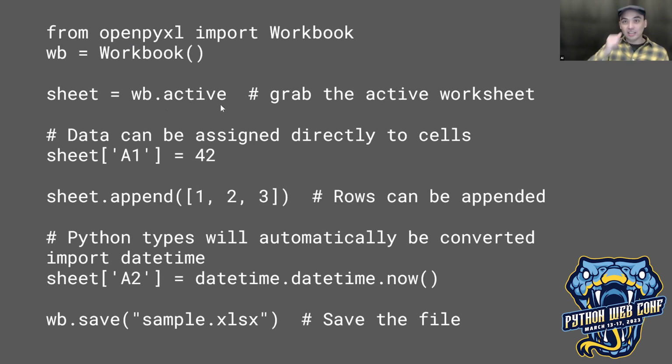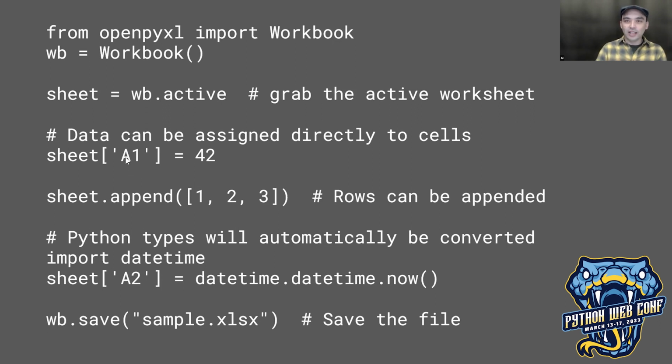The active sheet in an Excel spreadsheet is just whatever spreadsheet was in focus and visible when the user saved that workbook. In general, though, you can also find, on the next slide, where you can find the names of all the sheets here. But we grab that sheet object from the workbook object, and then just like with dictionary keys, we can use the spreadsheet coordinates for the rows and columns.